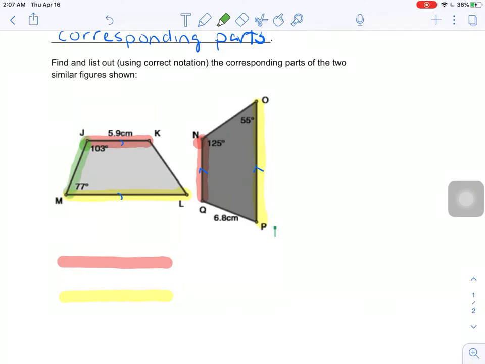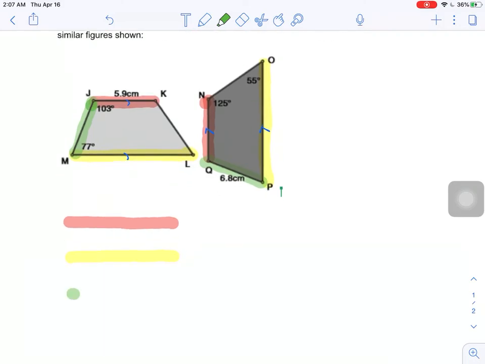So this side is the shorter side. If we were to take this trapezoid on the right and rotate it around so that it's resting on its yellow base, then that would be the left side of it. So those two sides match. We will list those out in just a minute.